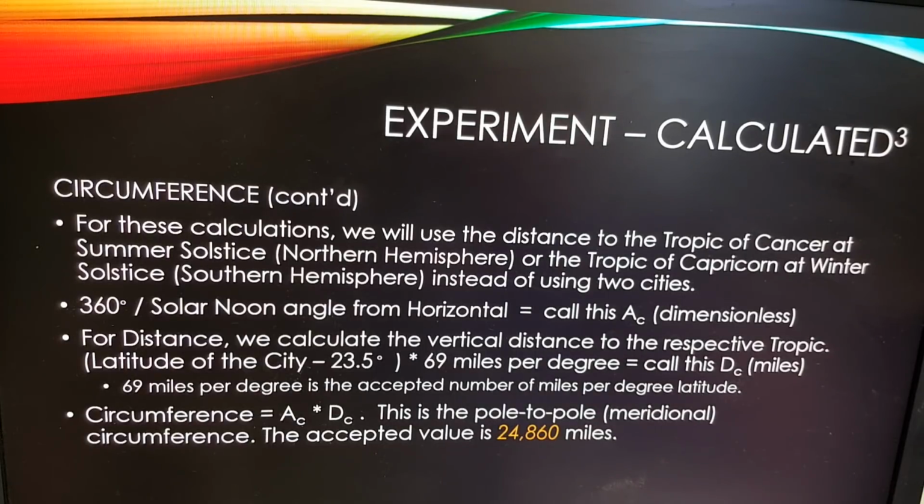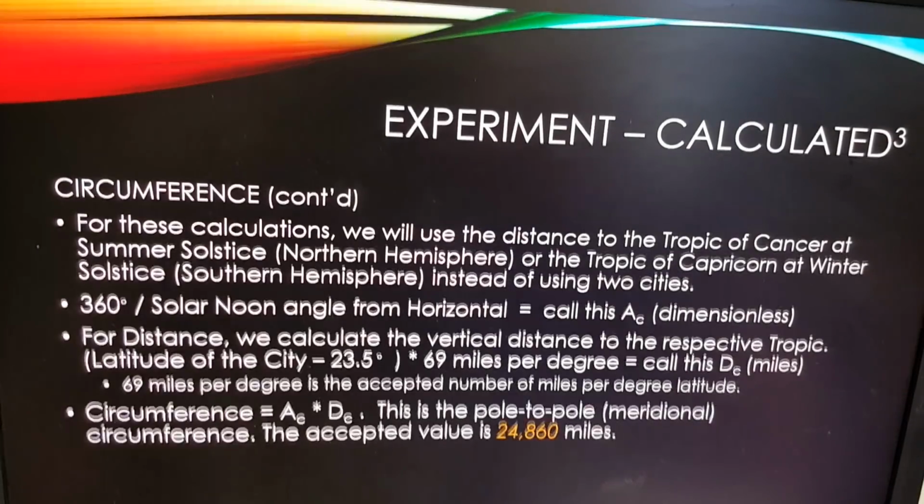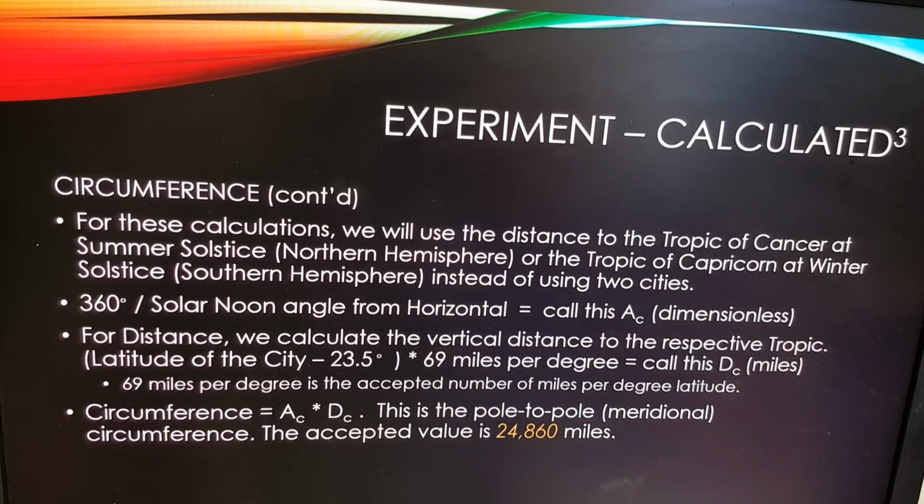So here is the next part of the circumference calculation. We have our 4 numbers and the ratios of those numbers. So in the northern hemisphere, I'm going to use the Tropic of Cancer at summer solstice, and then in the southern hemisphere we have to use the Tropic of Capricorn at winter solstice.